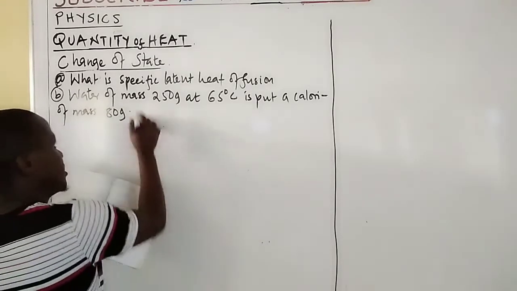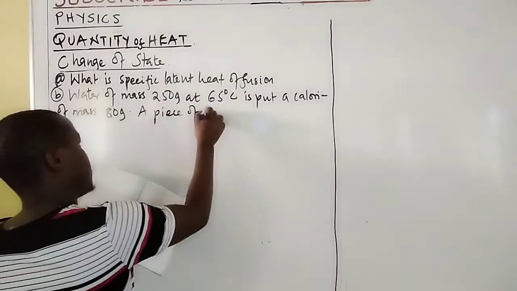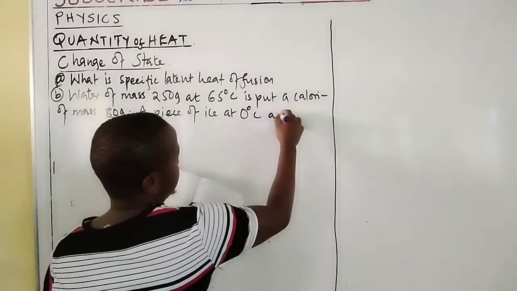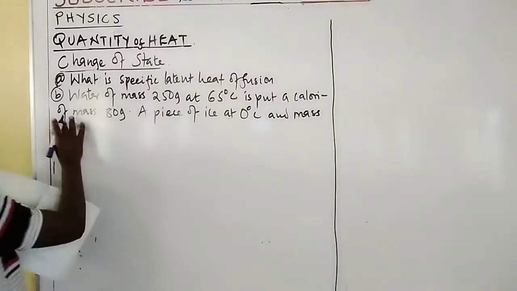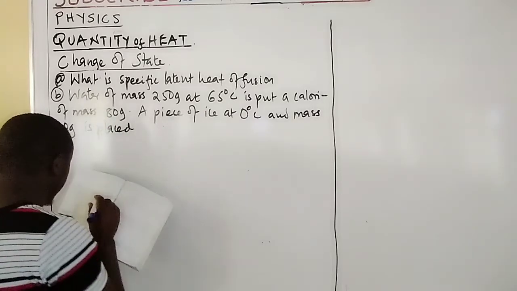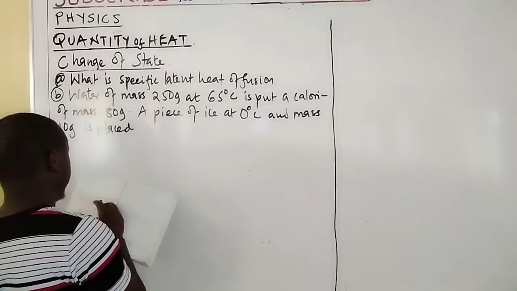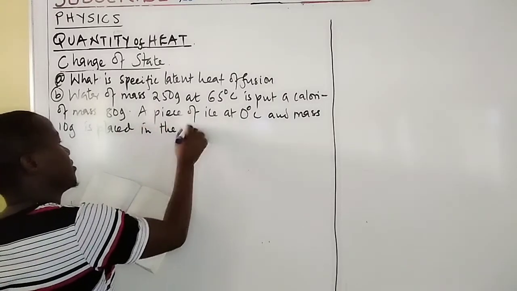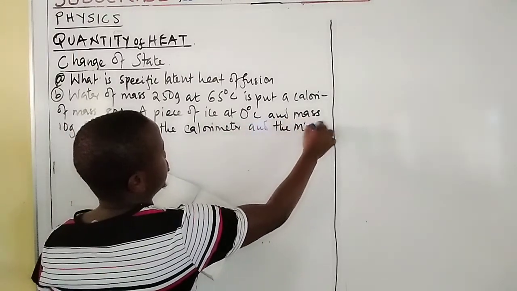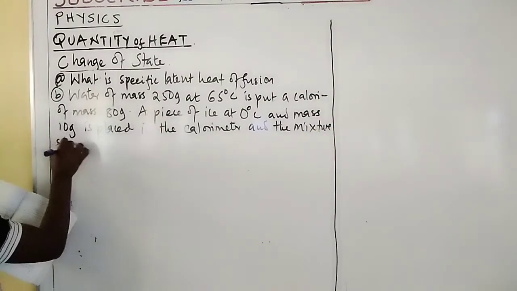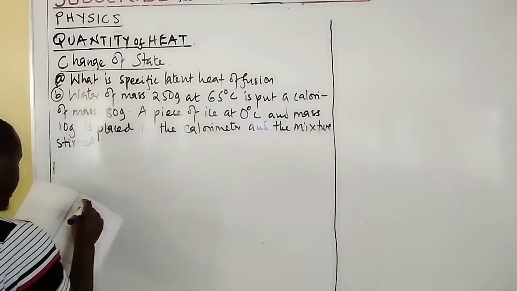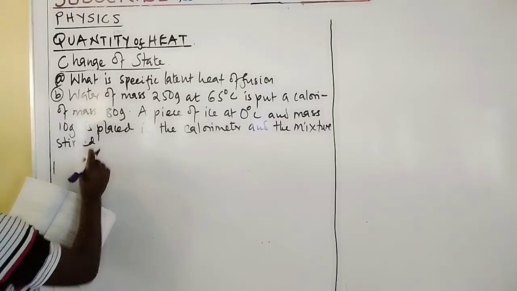A piece of ice which is at 0 degrees Celsius and mass 10 grams is placed in the calorimeter and the mixture stirred until all the ice melts.